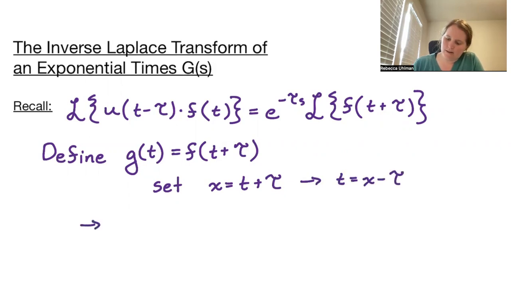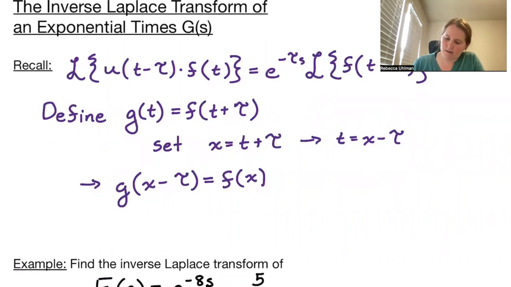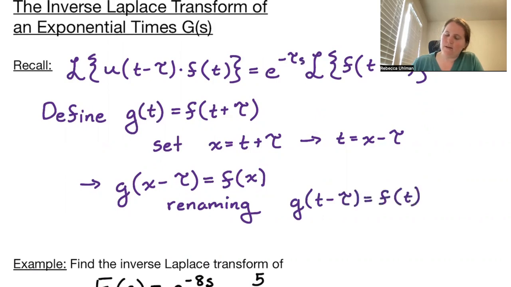And so we get that g of x minus tau is f of x. And then we can rename it again. So renaming again, we get g of t minus tau is the same thing as our f of t.